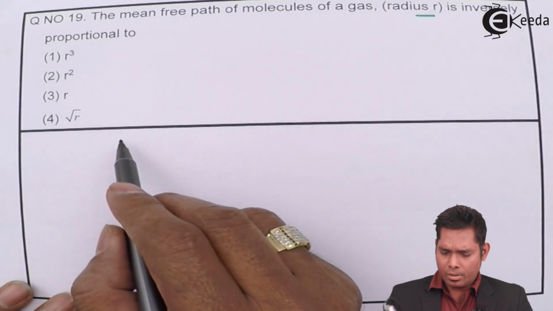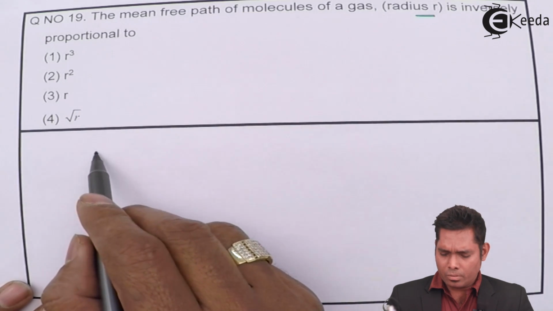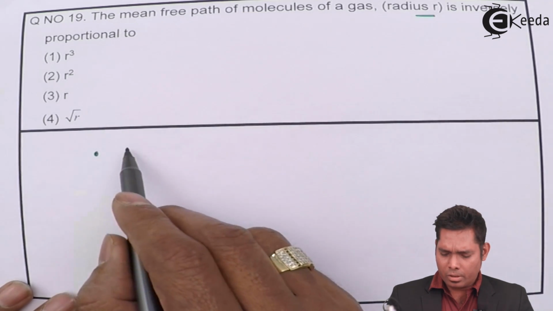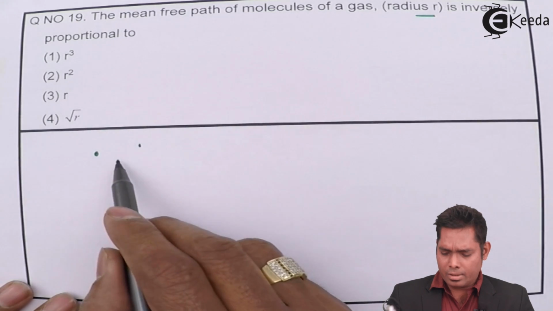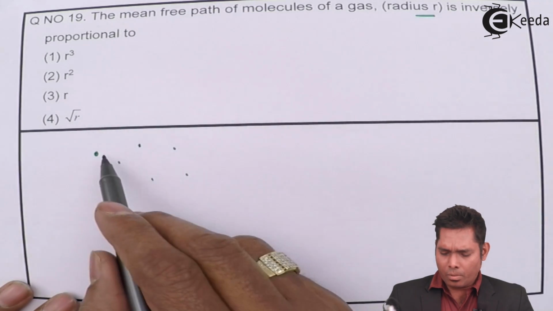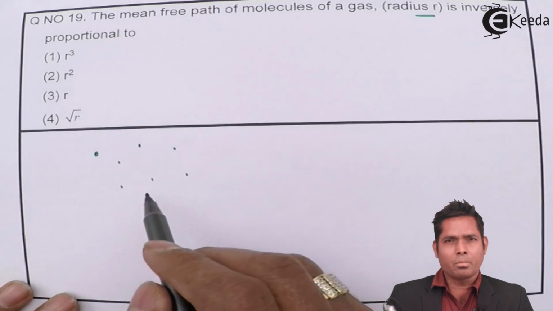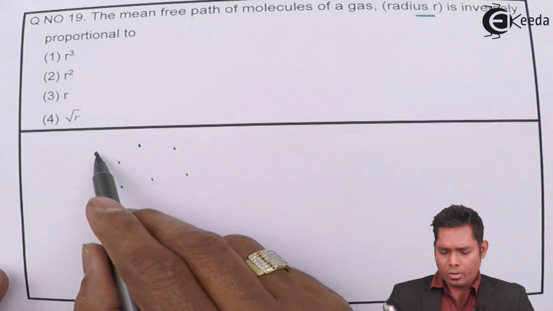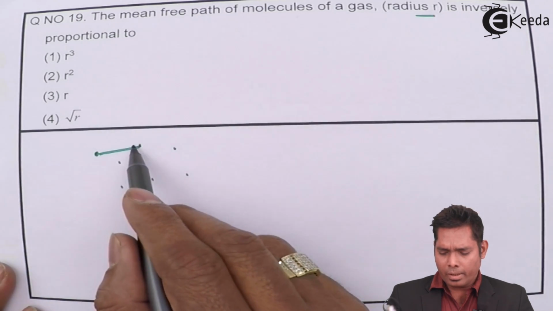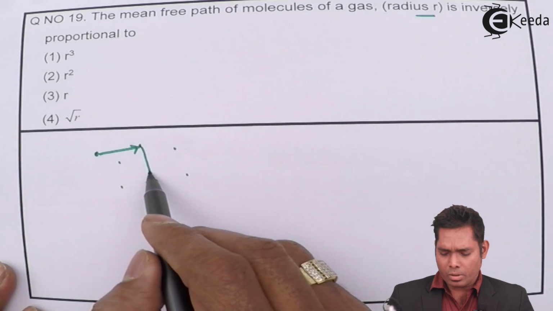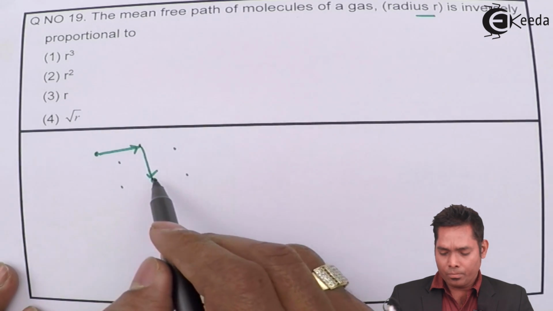The mean free path is this: when one molecule is in a gas, the molecule will be in random motion. Suppose that this molecule will go and hit this one and then move toward this side and hit another molecule.